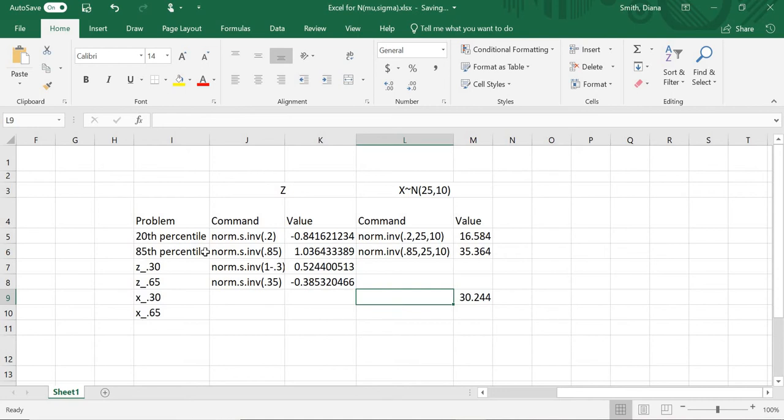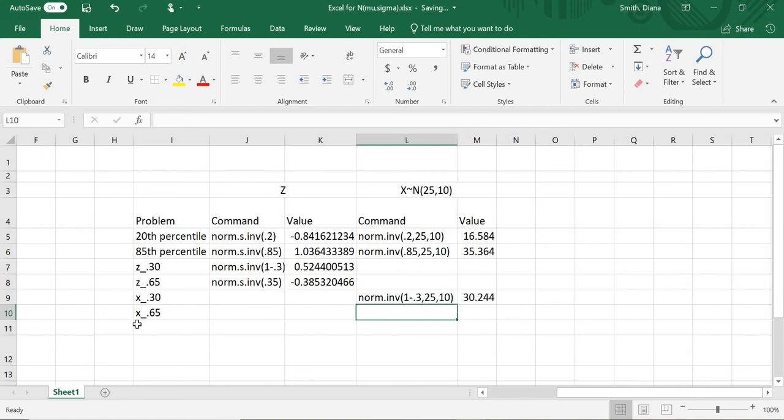Again, 30% is to the right, which means 70% is to the left. So my answer should be more than the median, which is also the mean, which is 25. And again, I'll just type in really quick right here what it was that I put in.